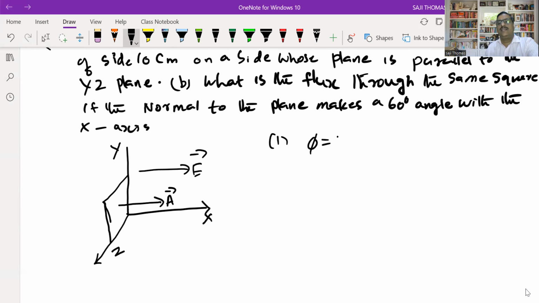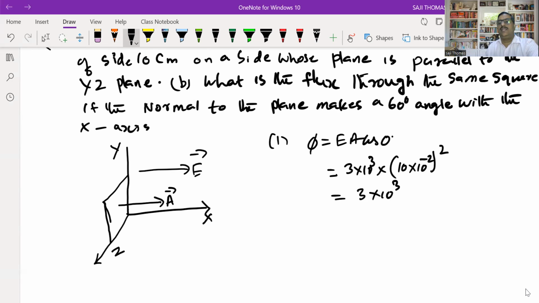So what is the flux? EA cos 0. E is 3 into 10 raised to 3. The area of the square is 10 into 10 raised to minus 2 squared, converted to meter square. So you get 3 into 10 raised to 3 into 100 into 10 raised to minus 4. When you multiply, you get 30 Newton meter square per coulomb.